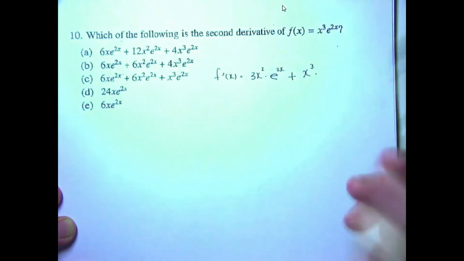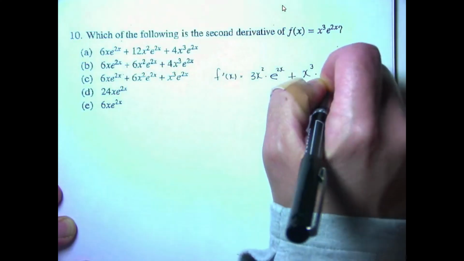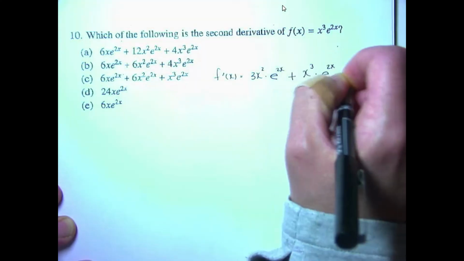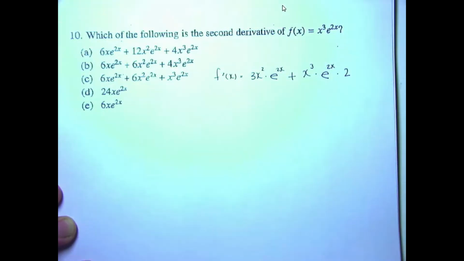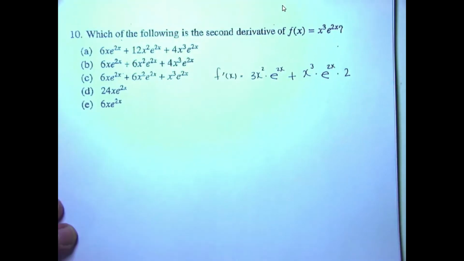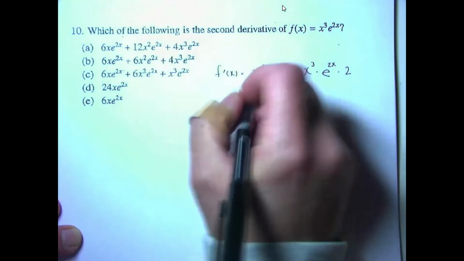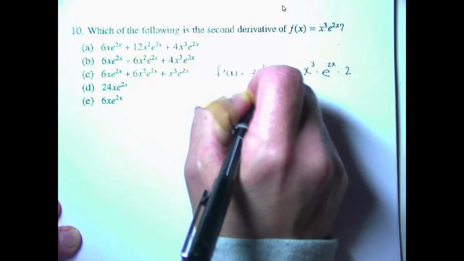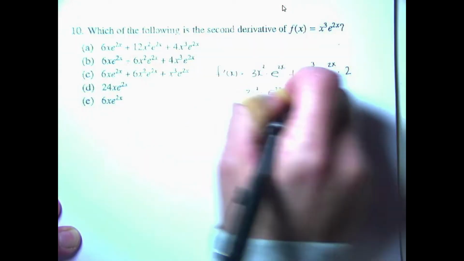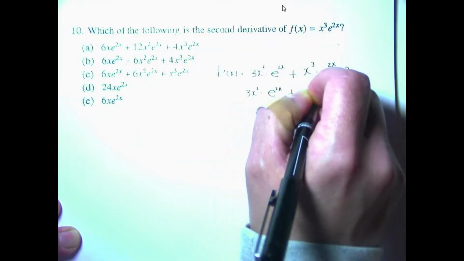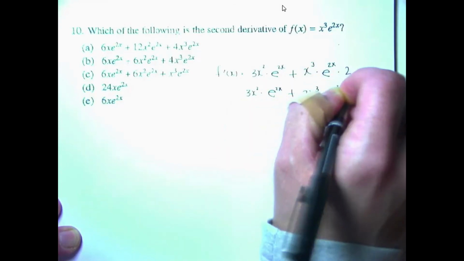Derivative of e to the 2x is derivative of the outside, e to the 2x, times derivative of the inside, which is just equal to 2. If you want to, you can just regroup this. This will be 3x squared times e to the 2x plus 2x cubed, e to the 2x.